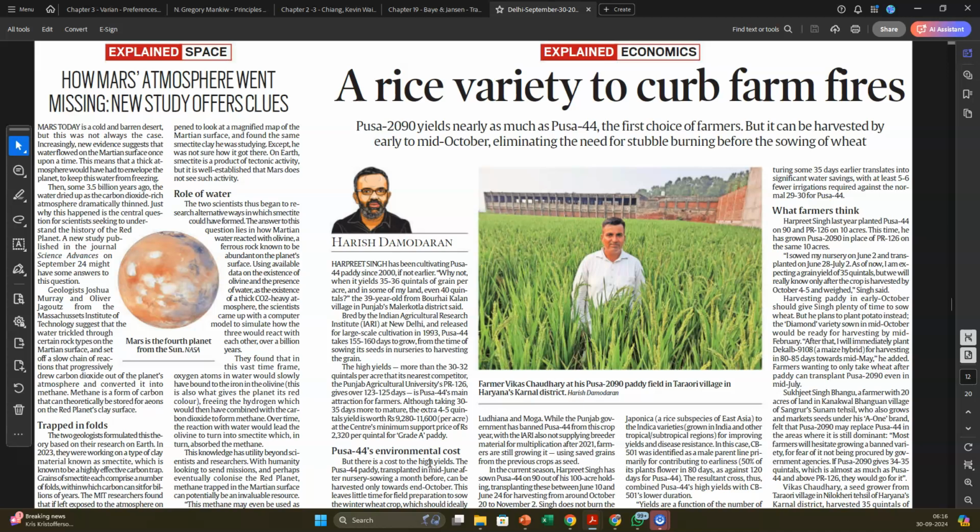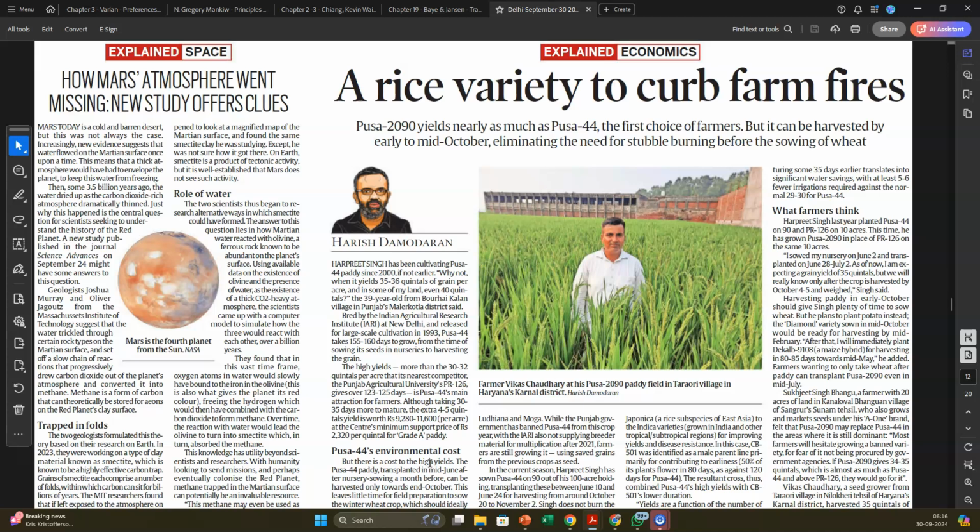Now this Pusa 44 takes around 30 more days, and because it takes 30 more days, the gap between the Kharif and the Rabi crop shrinks. Remember I told you that the Rabi crop of wheat must have its sowing ready by the second week of November.